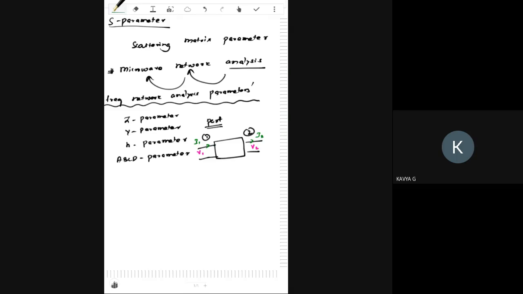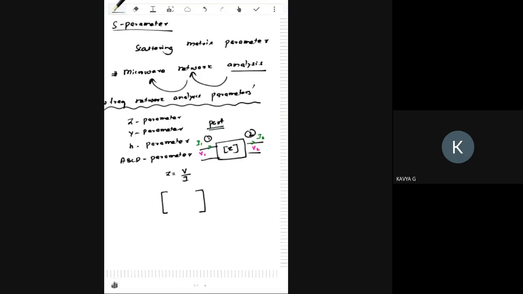Okay, so if I want to relate this with Z parameters, how would I write this? Z is nothing but voltage by current, that is impedance. So for a two-port network, I will write the impedance parameters in matrix form.